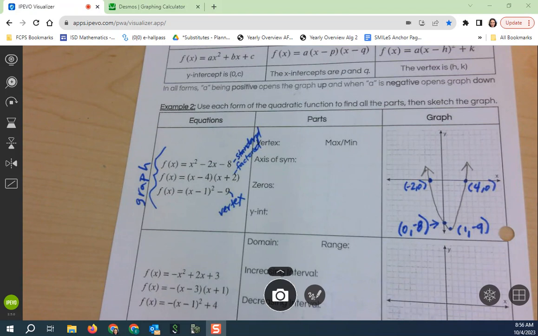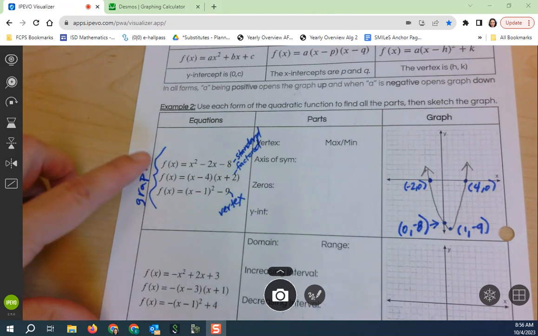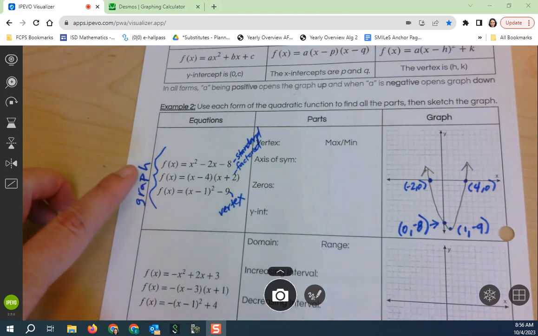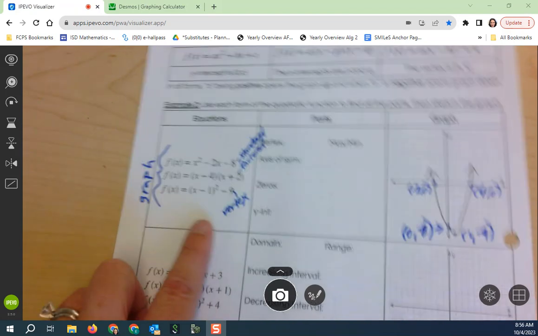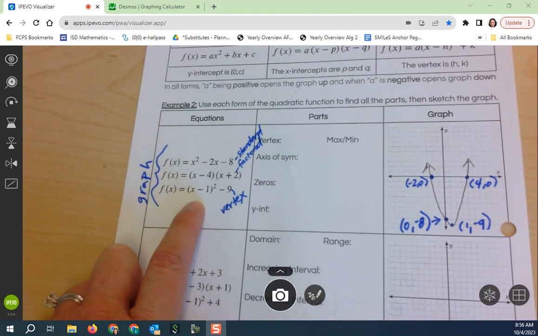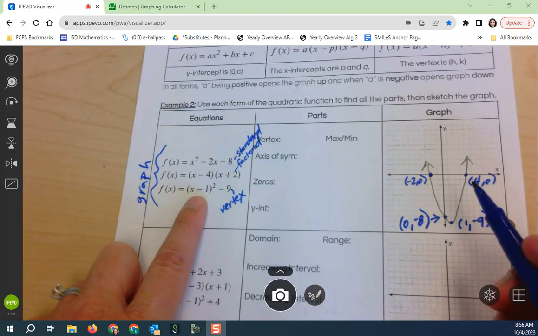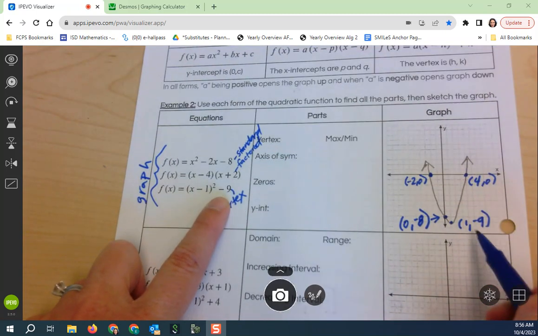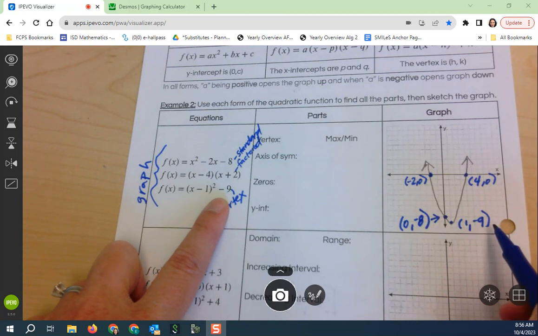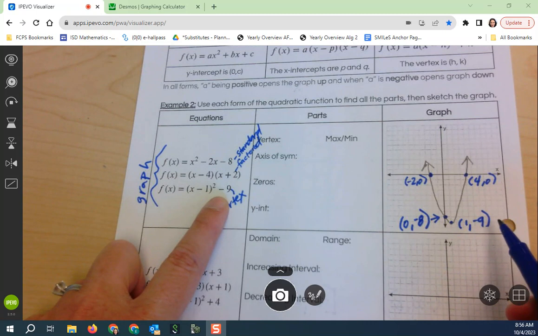So I want to point out to you that each of these equations has special information in them. All right, so if you look at the vertex form, x minus 1 squared minus 9, notice that the vertex is 1, negative 9. So the opposite of this number and the same of this number makes the vertex. So if you're given vertex form, you know the vertex right away.